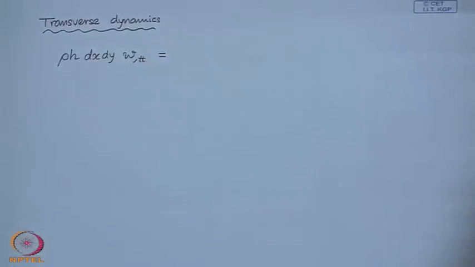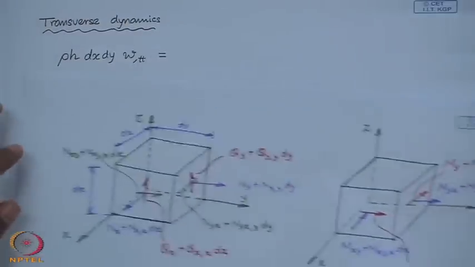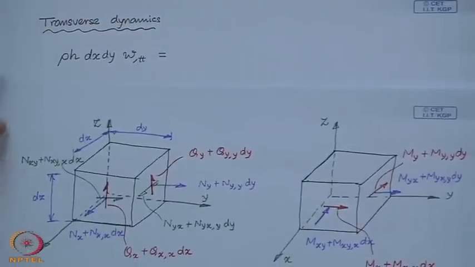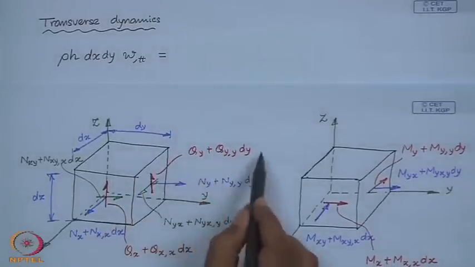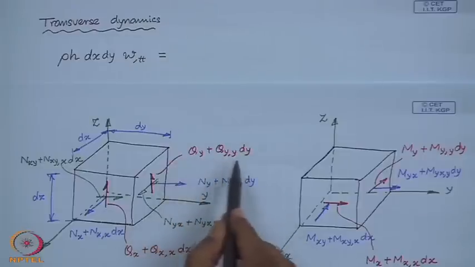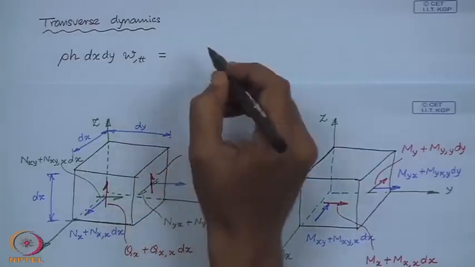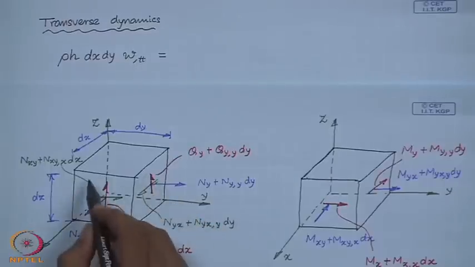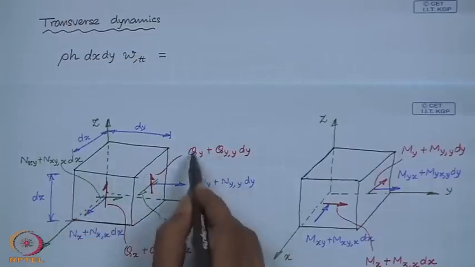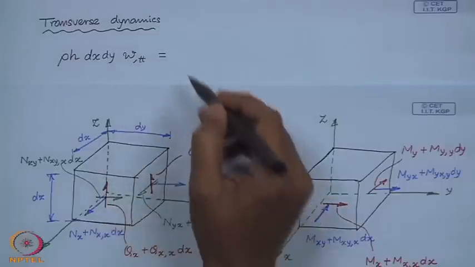If you look at this figure, we have in the transverse direction these forces Q. Here it is upwards, and here there will be a downwards force, which will be minus of q y in the equation of motion.